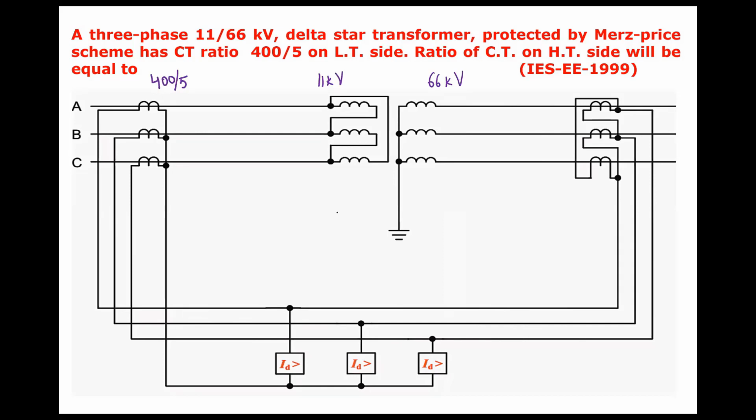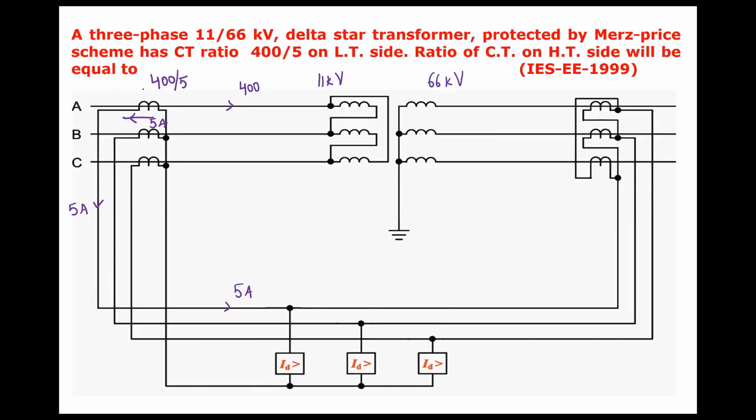So on LT, he has connected a CT of 400/5. Suppose this carries a current of 400 ampere, then how much current will flow in the CT? The CT will carry 5 amperes. So how much current will flow through the pilot wire? 5 ampere. Understand?